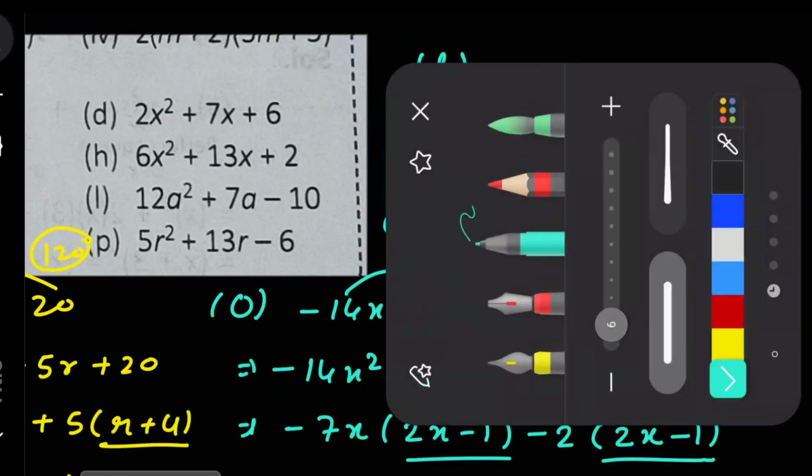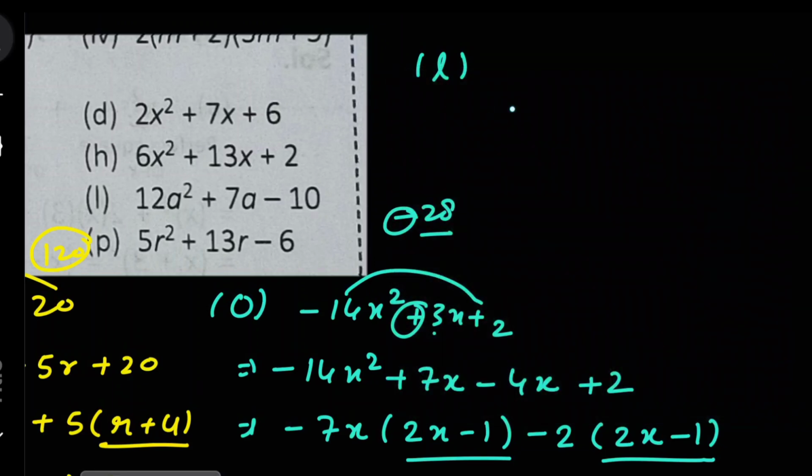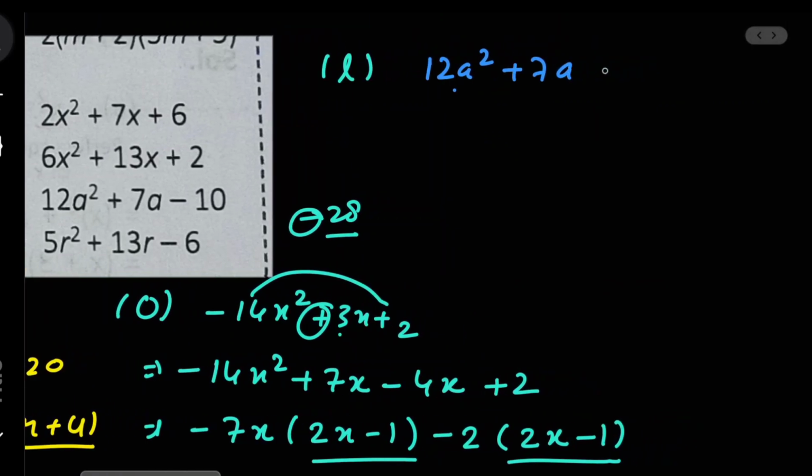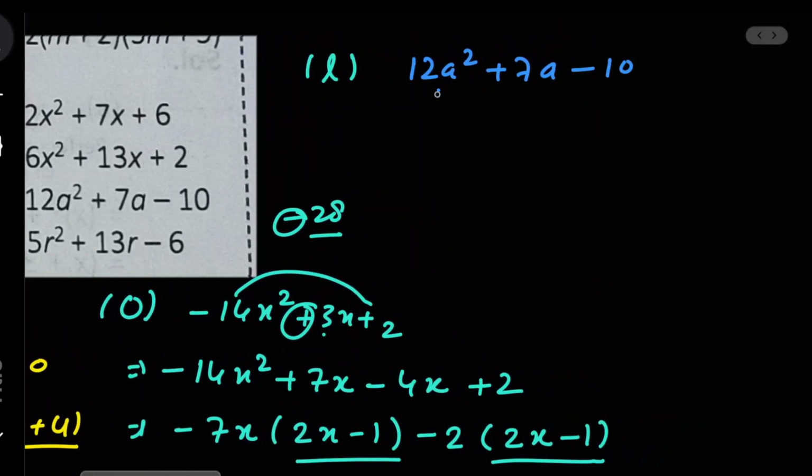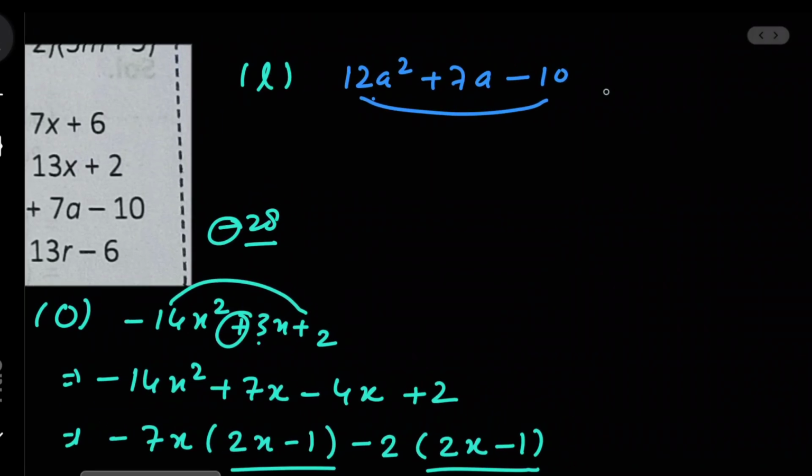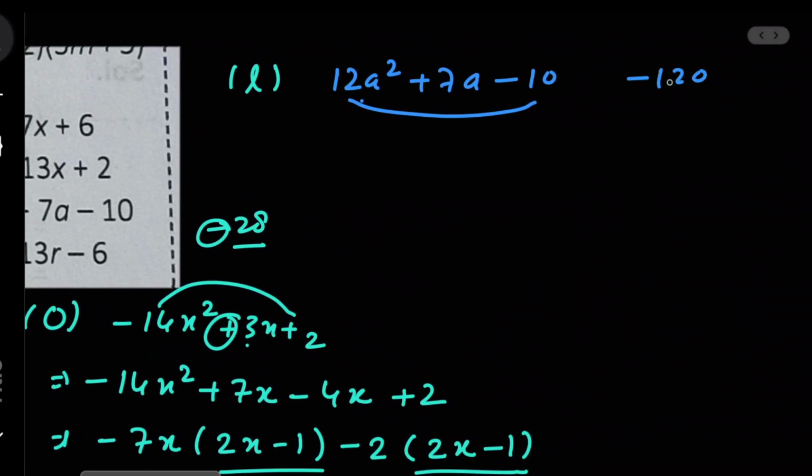Question number L. Let us solve question number L with a different color. So question number L is 12a square plus 7a minus 10. So 12 into minus 10, you will get what? Minus 120. Now we have to split this 7 to get minus 120, and it is in plus.